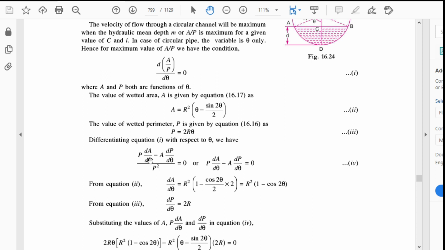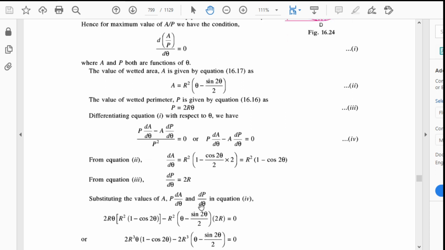Now here the derivative of area should be known and the derivative of perimeter should be known. So we can separately find out the derivative of area and the derivative of perimeter. The derivative of area will be r square into 1 minus cos of 2 theta, and the derivative of perimeter is 2r. Now substitute both these values in this equation.